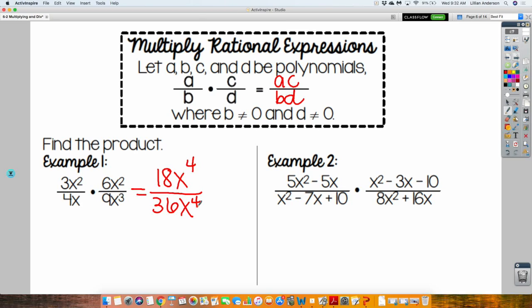Now, you've done your multiplying, but you still need to simplify. Is there a number that can go into 18 that can also go into 36? It's actually going to be 18. 18 is the biggest. What's 18 divided by 18? 1. 36 divided by 18? 2. What about these x to the 4th? They cancel out. So my answer is just going to be 1/2.